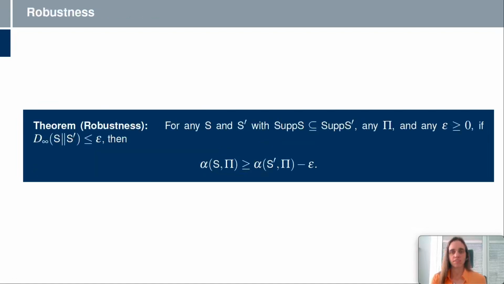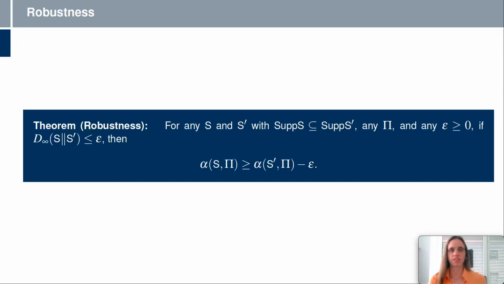That is, if we assume a distribution and we are slightly off with this distribution. And slightly off means here that the linear divergence is smaller than a certain epsilon.